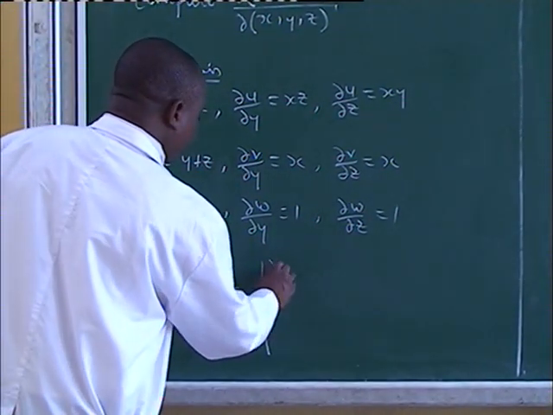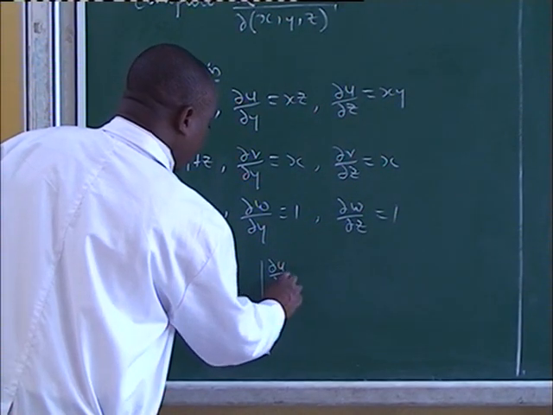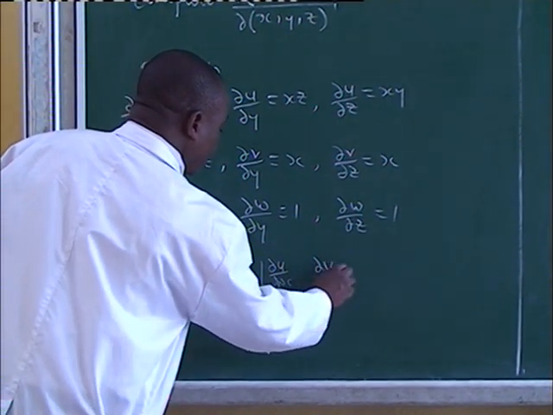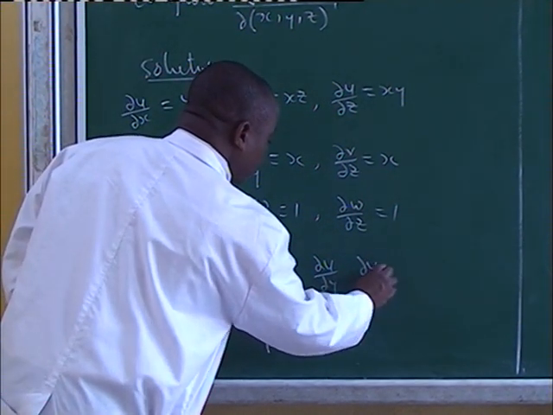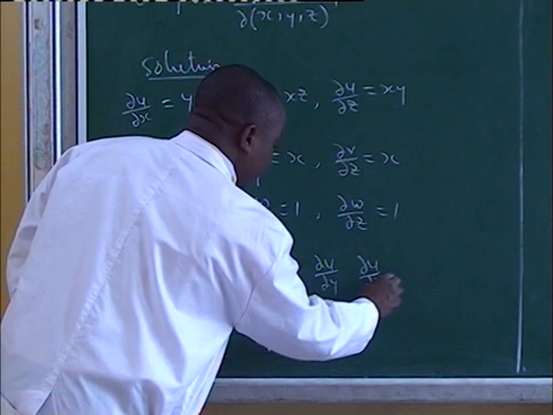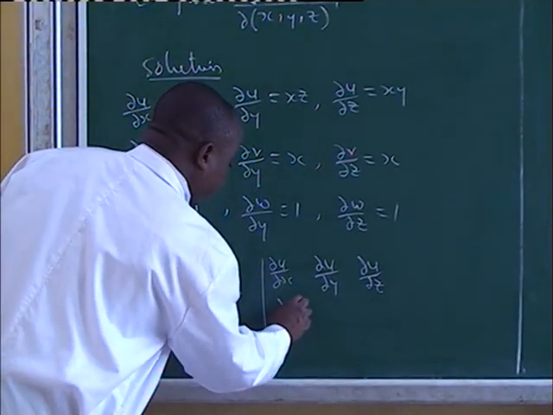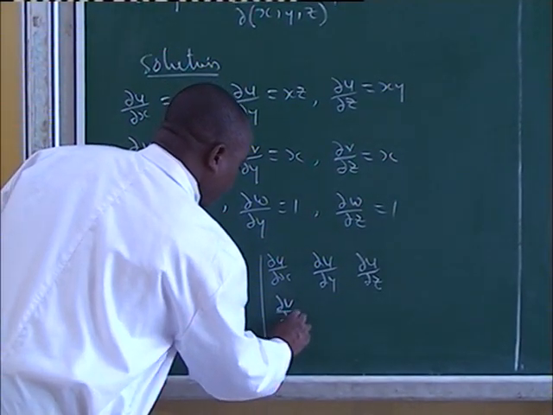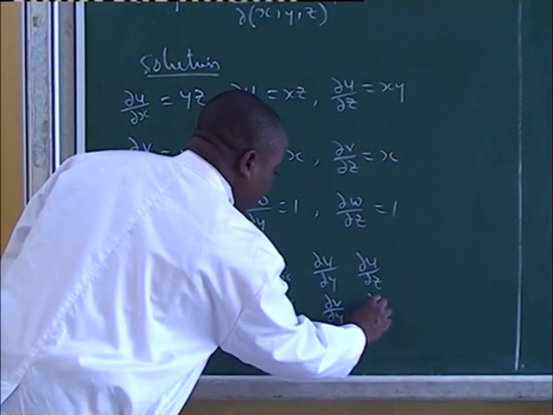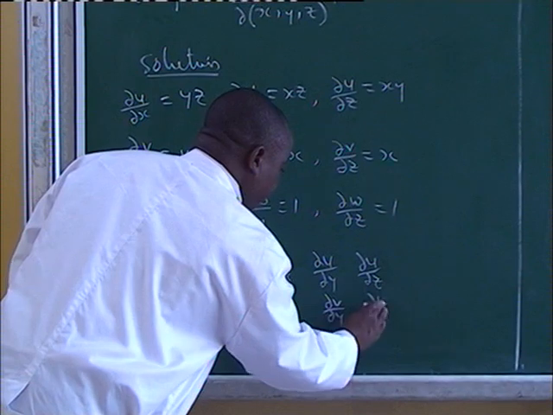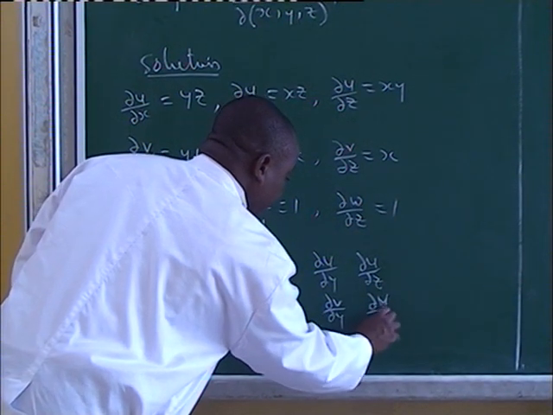So we will have partial u, partial x, partial u, partial y, partial u, partial z, partial v, partial x, partial v, partial y, partial v, partial z.